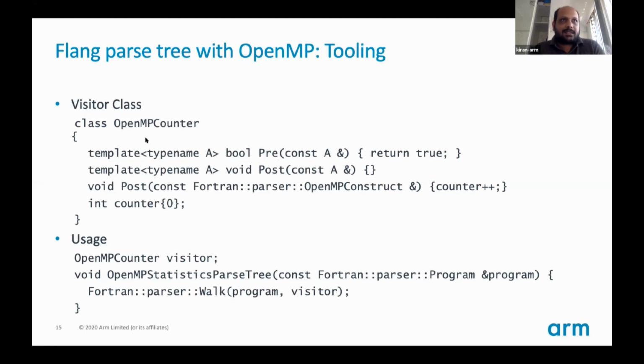So for example, in this class called OpenMPCounter, I have defined two generic functions, pre and post. And for the specific thing called OpenMP construct, what I'm doing is incrementing a counter which was initialized to 0. So now if I call this visitor to walk on a parse tree, what I finally get as the result is the number of OpenMP executable constructs in this parse tree. So the Flang parse tree is friendly for creating utilities.